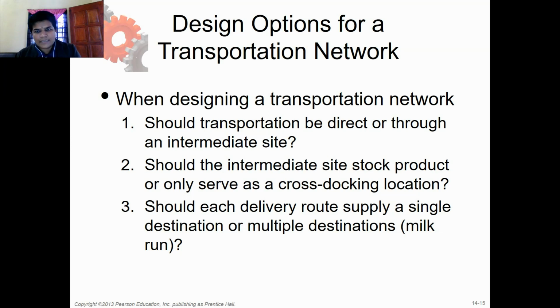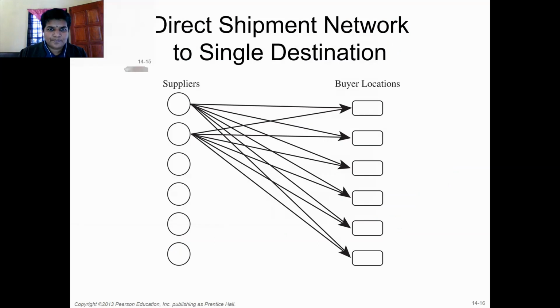Should the intermediate site stock product or only serve as a cross-docking location? Or should each delivery route supply a single destination or multiple destinations? Multiple destinations is what we call a milk run. So when you are designing the transportation network, these are the three elements that you need to give serious attention.